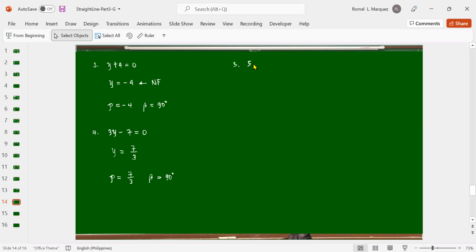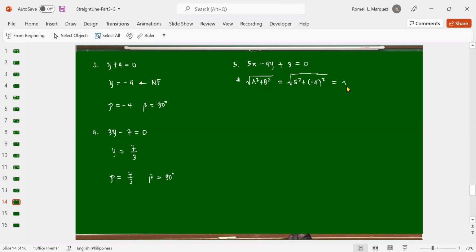If I have 5x minus 4y plus 3 is equal to 0, we first solve for this radical. So this radical is what? Square root of a squared plus b squared. And that is square root of the square of a plus the square of b.